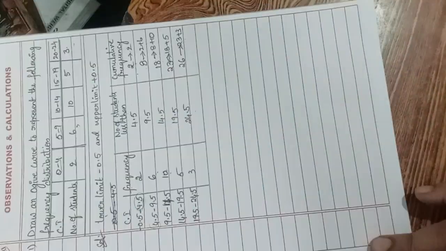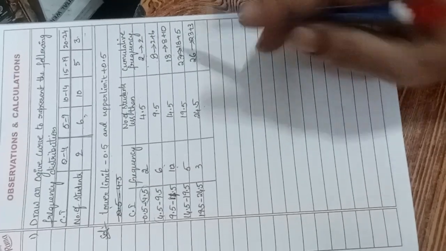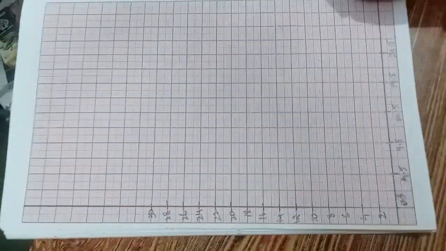See why I took this: the maximum value you have is 26, so we can take 2 units for each box.